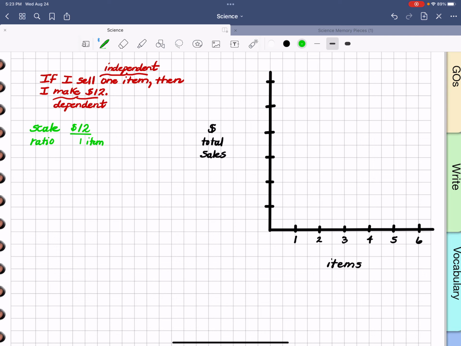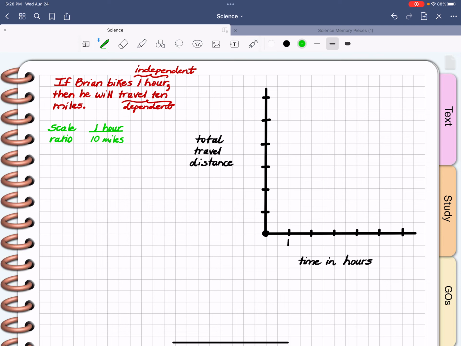1 hour, and that's where I need my scale ratio of 1 hour to 10 miles. You could also write it the other way. Remember, ratios can be upended.